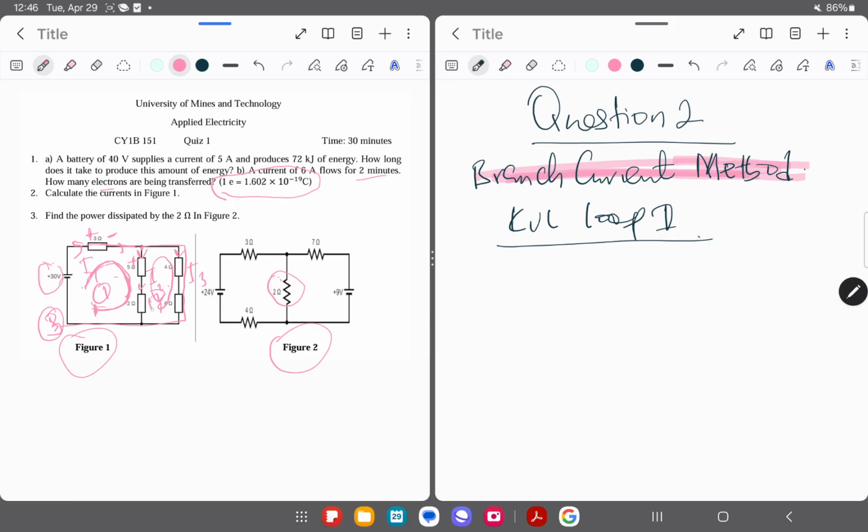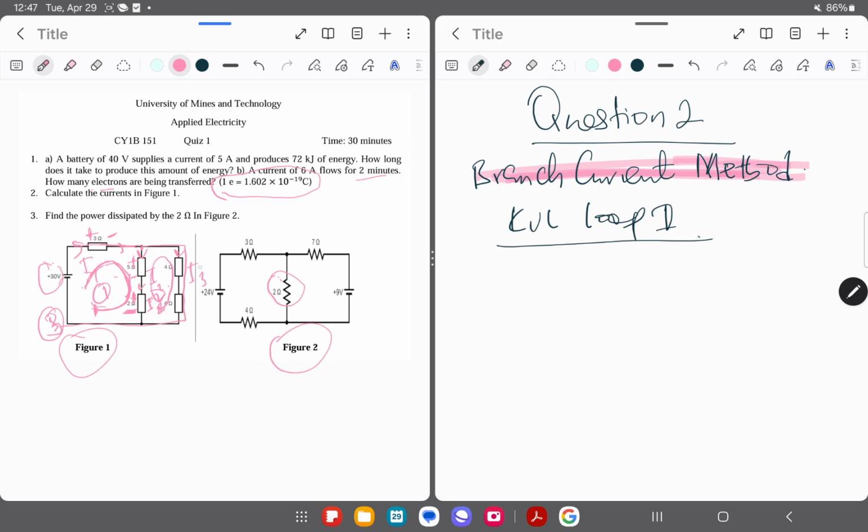Here too will be I2. When it enters, positive; when it leaves, negative. So you can see that for my first loop you have this kind of circuit.